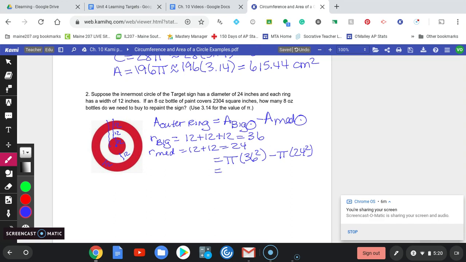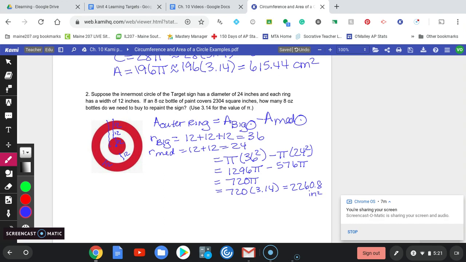So that ends up being 1,296 pi minus 576 pi, which is 720 pi. Then if I plug in 3.14 for pi, that gives me 2,260.8, and that's square inches.